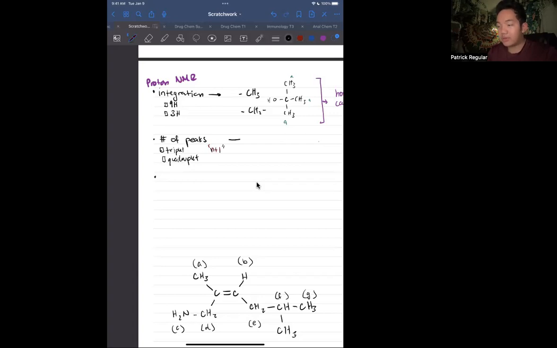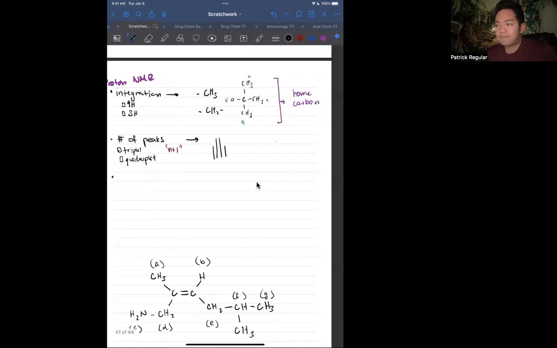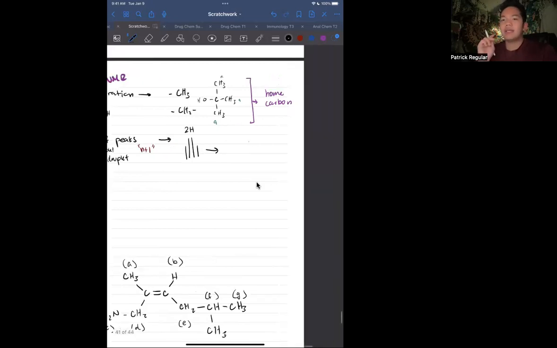All right, so to give you an example, let's say you had a quadruplet with an integration of 2H. So that means that the carbon it's adjacent to has n+1 hydrogens.